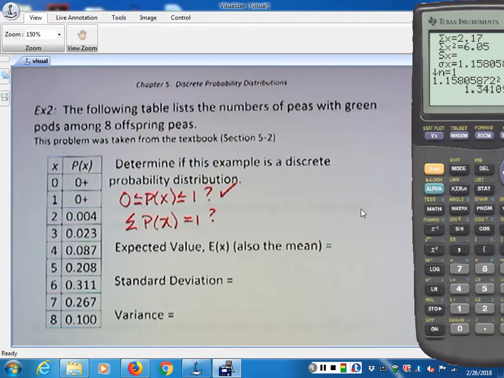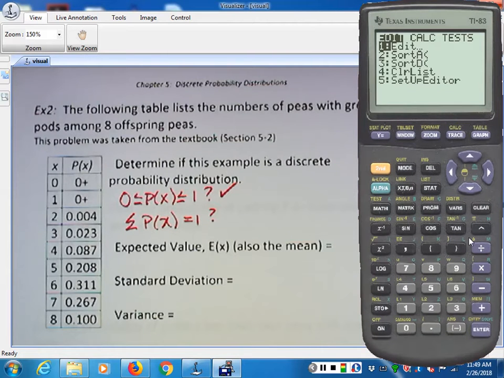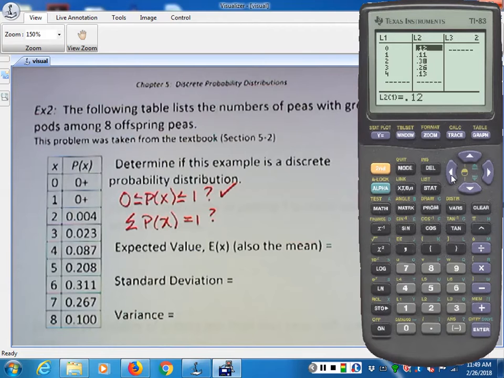The second one we can check actually using the calculator. And we don't even have to add them up. We'll just go over and edit the data. So it looks like we've got 0, 1, 2, 3, 4, 5, 6, 7, 8 for our possible number of green pea pods.